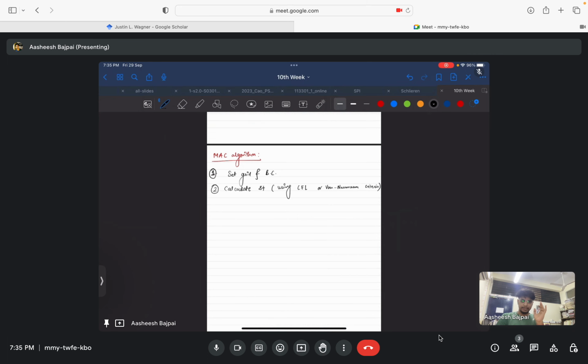Yeah, we can neglect it. This is how it is done. The simple algorithm is a bit more iterative than this, and the results are more accurate in that.